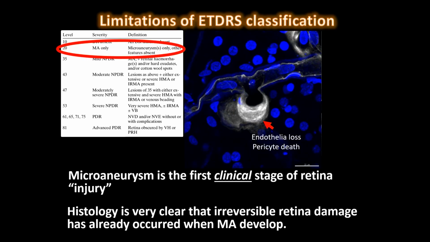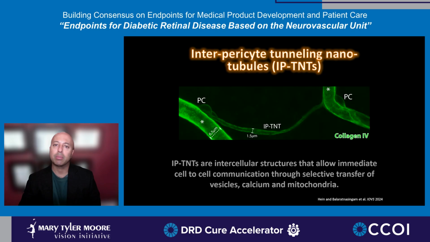And although this is a very useful clinical tool, the histology provides compelling evidence, including research from our group, that microaneurysms, once they form, already signify a stage in the disease process where irreversible retinal injury has already taken place. So the state of the art for detecting and screening retinal diseases really is to detect these changes much earlier than when the microaneurysm forms.